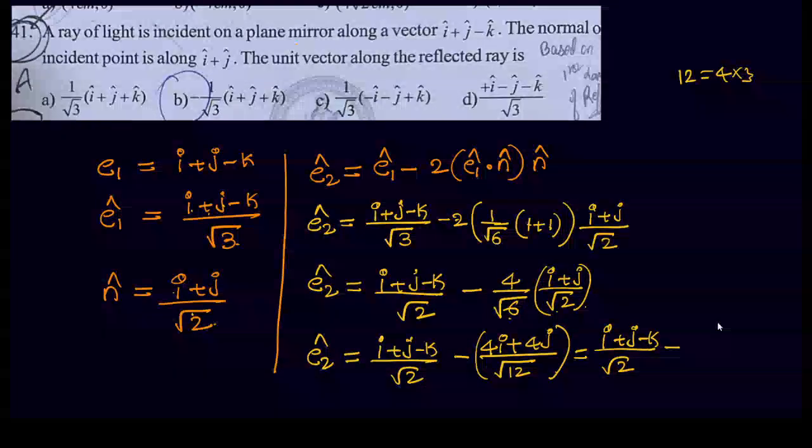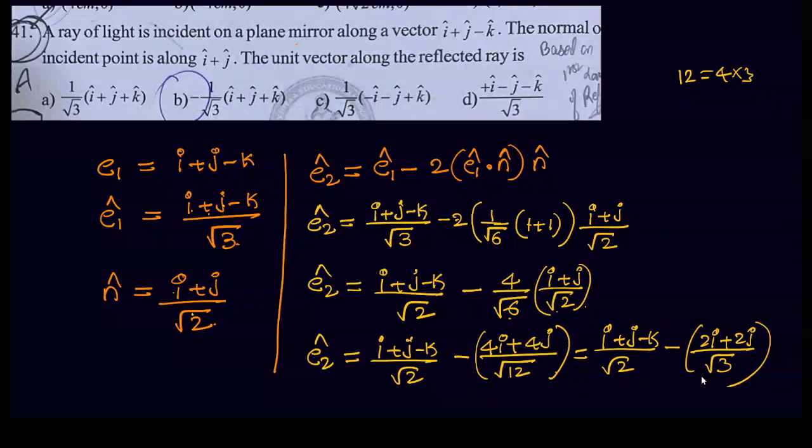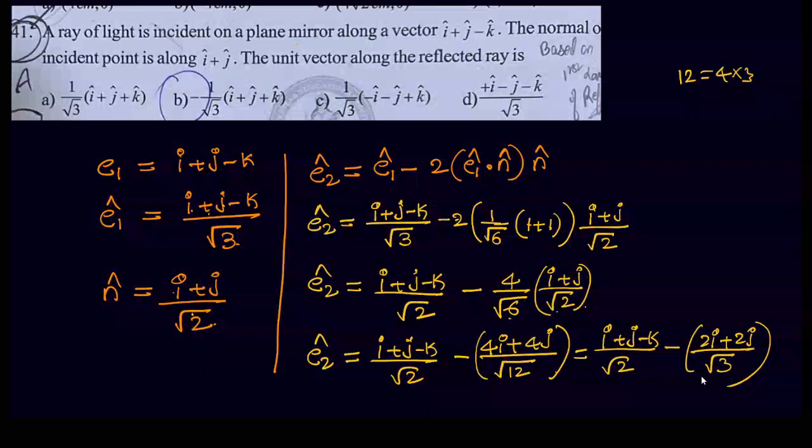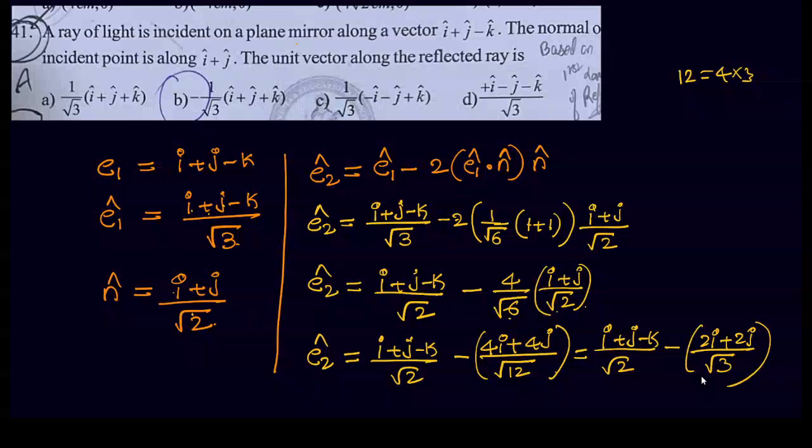It will come as 2i plus 2j by root 3. Now the LCM is root 6.